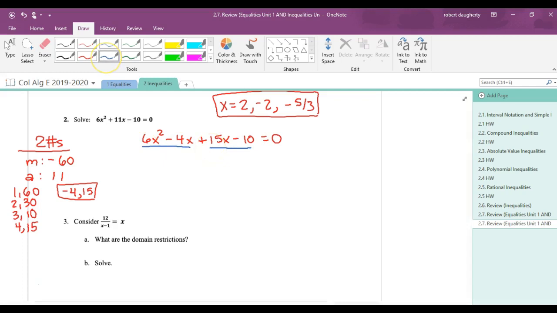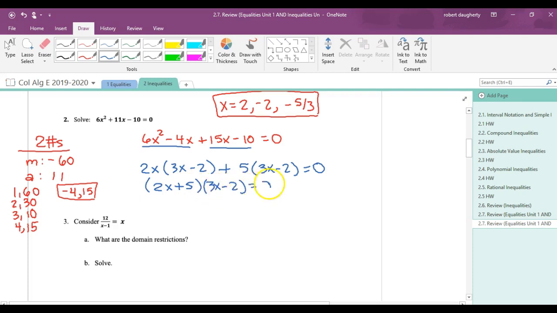The first 2 terms, I can factor out a 2x, and I'm left with 3x minus 2, plus the next 2 terms, I can factor out a 5, and I'm left with 3x minus 2 equals 0. So this is 2x plus 5 times 3x minus 2 equals 0.